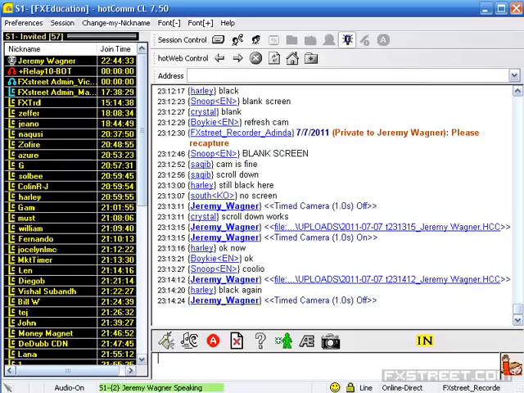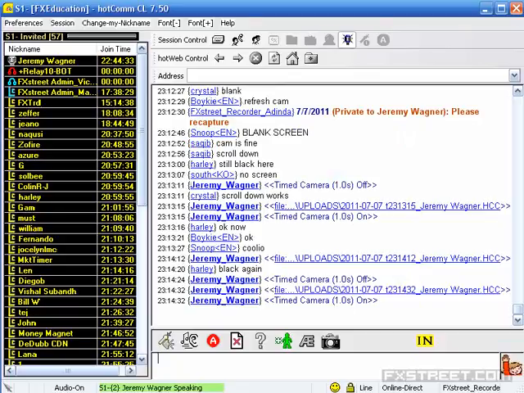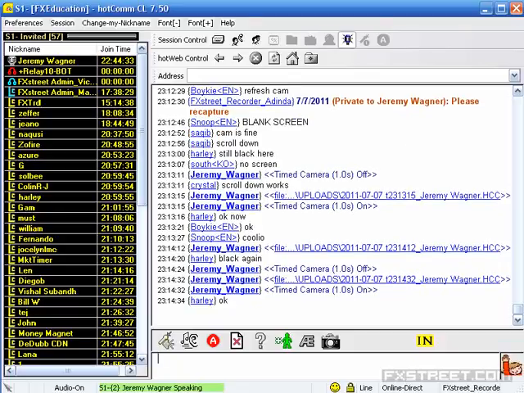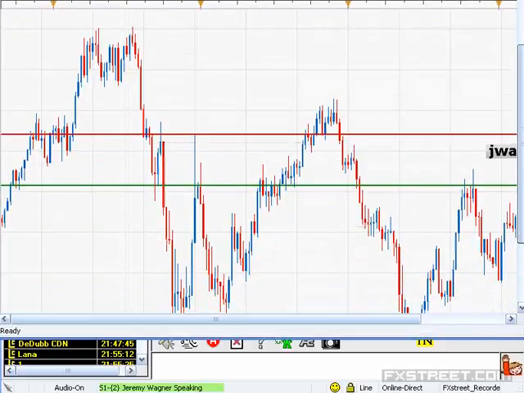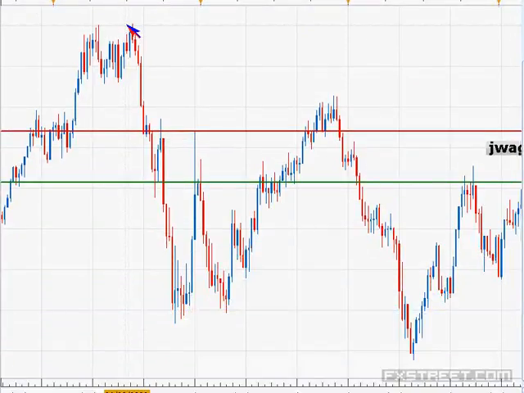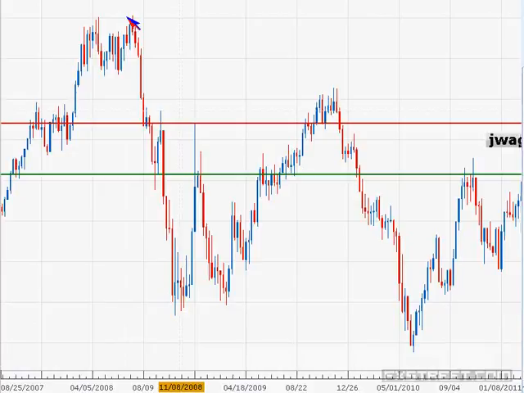And actually, the reason for that is because if you scroll back and take a longer look at the euro dollar, and let me go ahead and turn this camera back on. This is a weekly chart of the euro dollar. You'll notice that since the highs in 2008, we've been seeing a series of lower highs and lower lows.